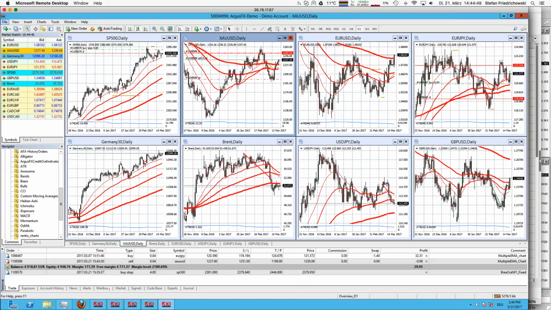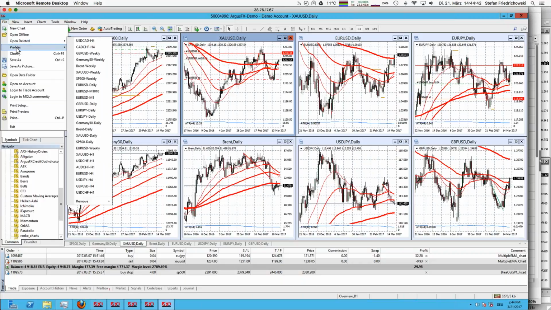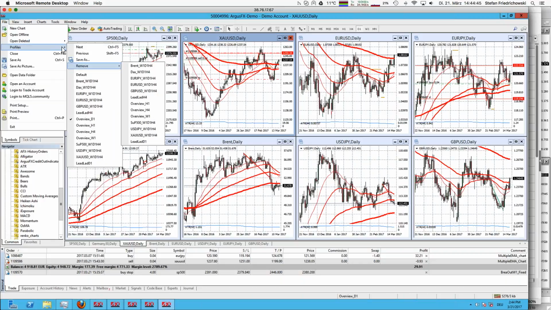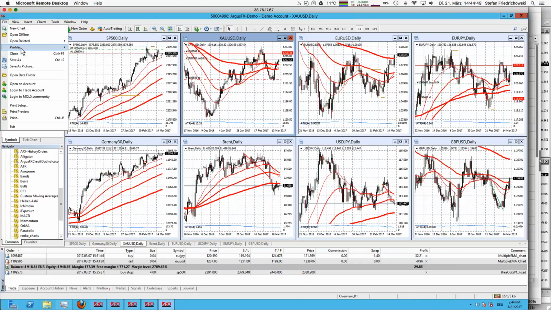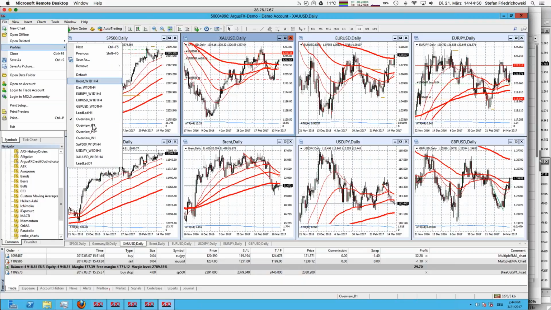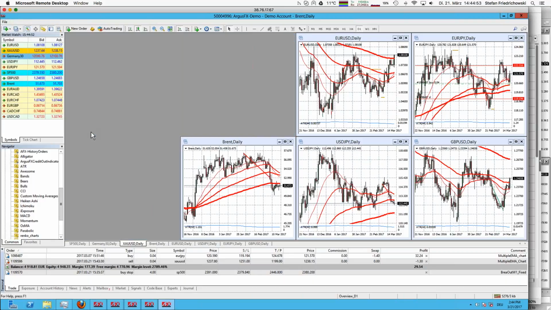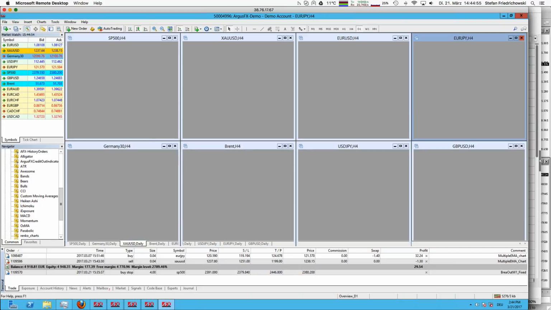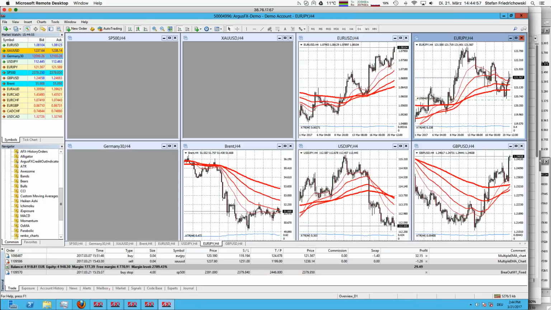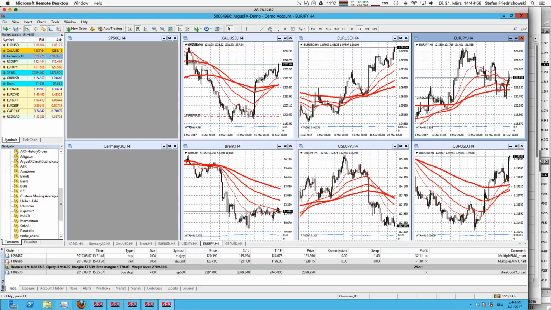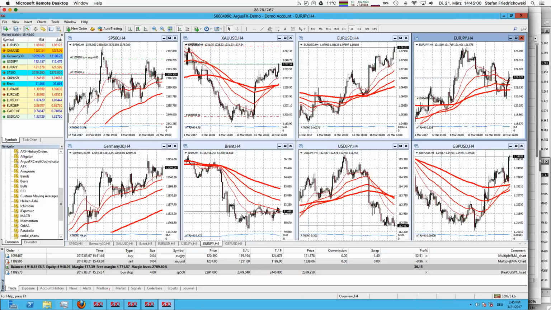Just have a short look at the other time frame, which is this one here, H4, and I only want to comment on what is possible here. So DAX, of course, no constriction.